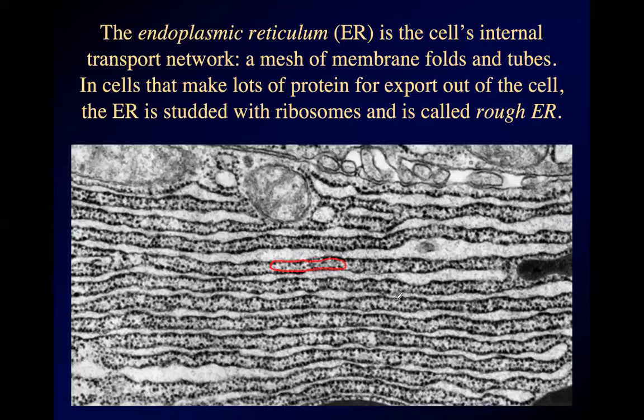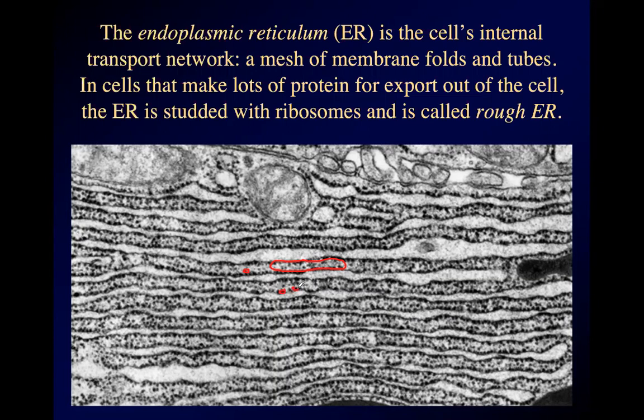That's because this part of the ER is studded with ribosomes. And each one of those tiny little black dots is a single ribosome, like those. That's how small they are. And you find a lot of this in cells that make a lot of protein for export.